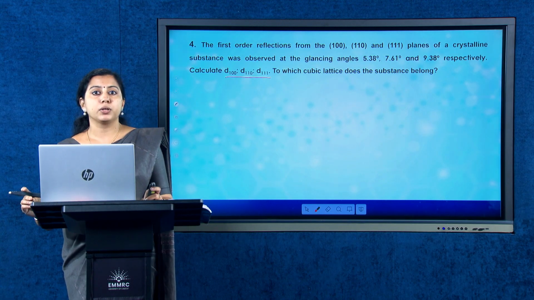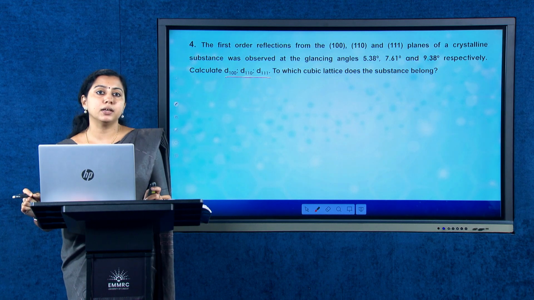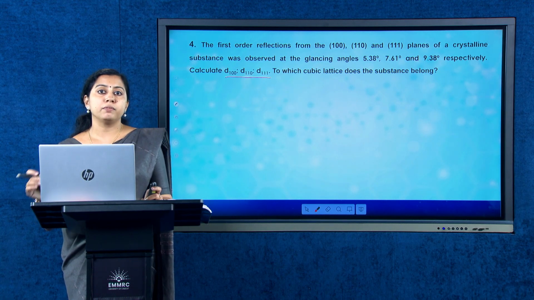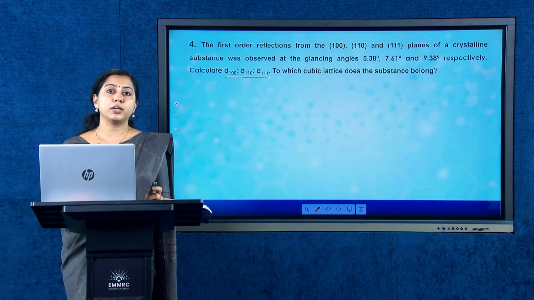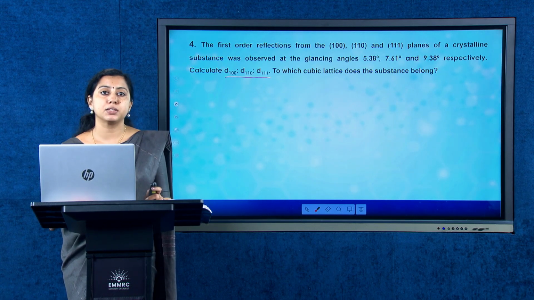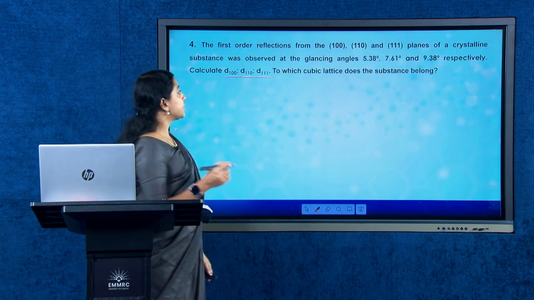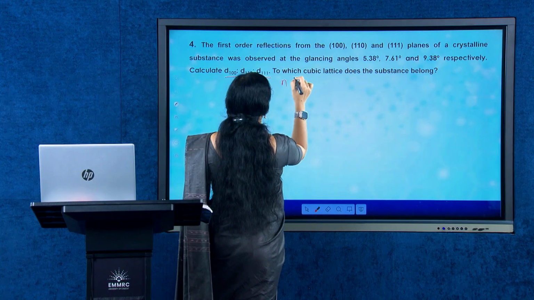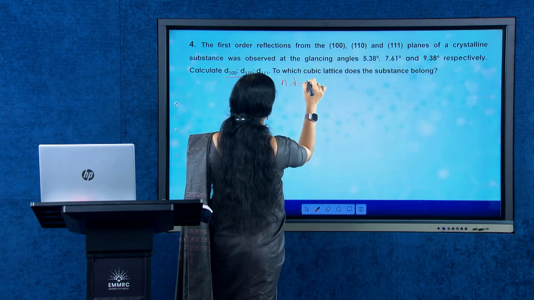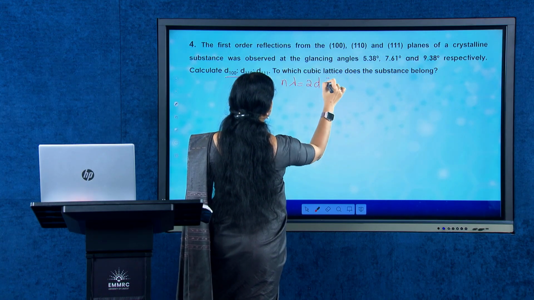Okay. So, here you have to calculate the spacing between the planes d with 3 different planes. You have the 100, 110 and 111 planes, and you also have to find out to which cubic lattice the substance belongs. Okay. So, let us write the fundamental equation, that is the Bragg's equation. We have n lambda equals 2d sin theta.